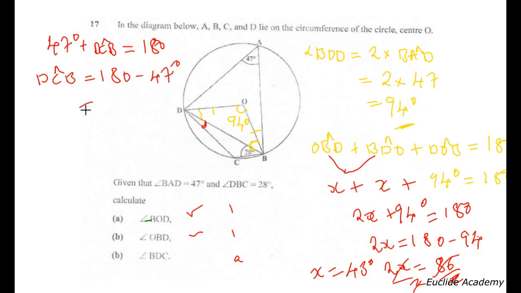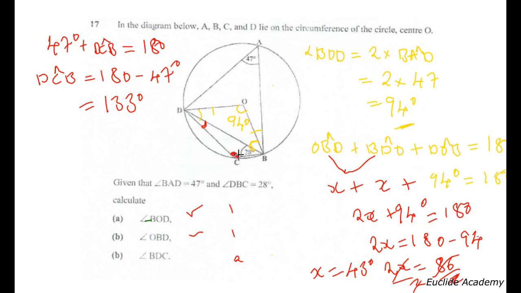And then this should definitely give us 133. So 180 degrees minus 47 degrees gives us 133 degrees, which means this angle on C here is 133.